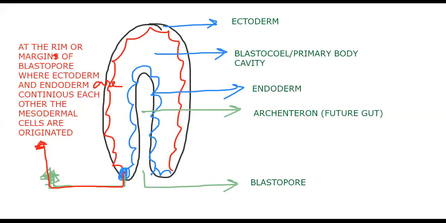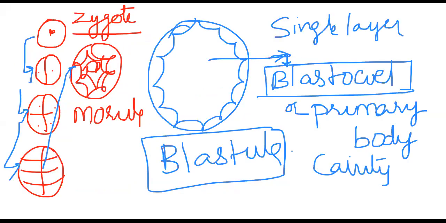So from the beginning, this is the developmental process we described. The zygote divides into 2 cells, 4 cells, 8, 16, 32. Likewise, it develops into a solid ball-like structure, the morula. Then the solid morula turns into a hollow blastula.